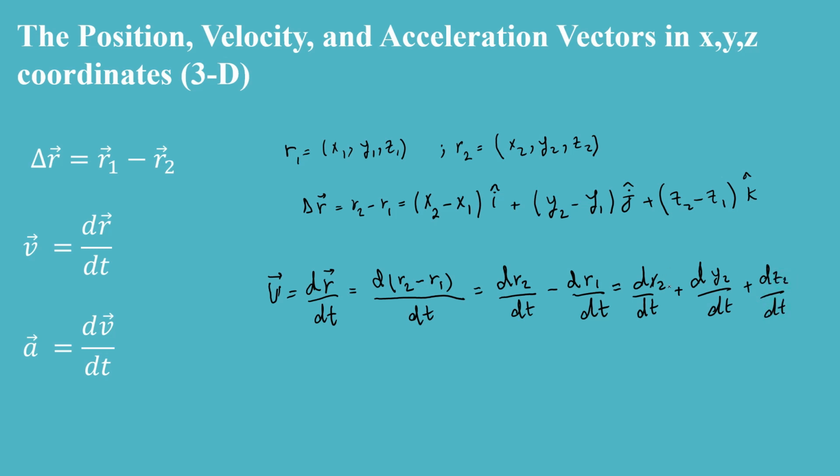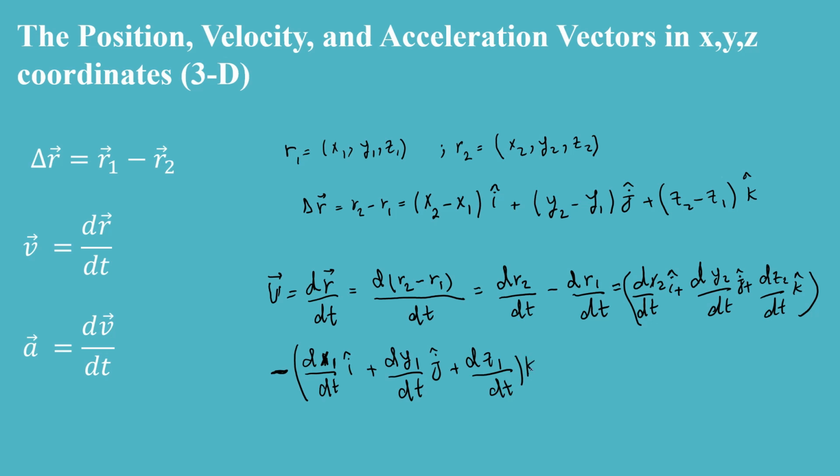Also, I'm going to write down the unit vectors i, j, k, right, minus dx1/dt i plus dy1/dt j plus dz1/dt k, correct?